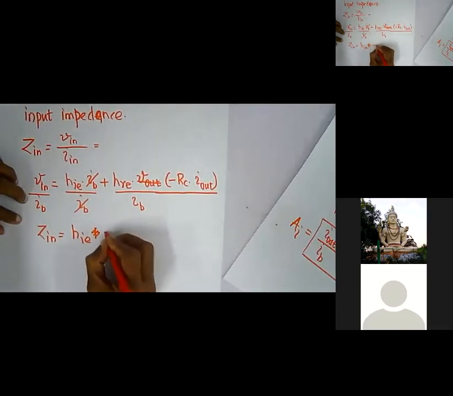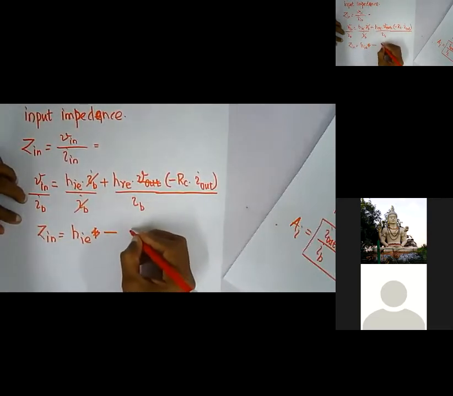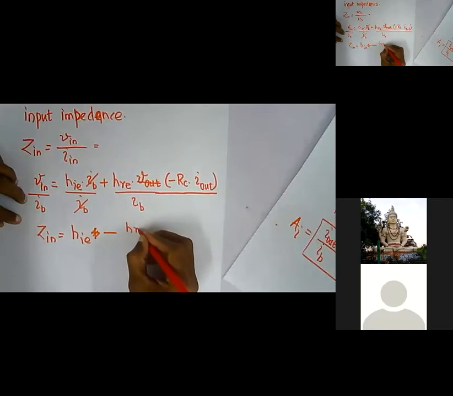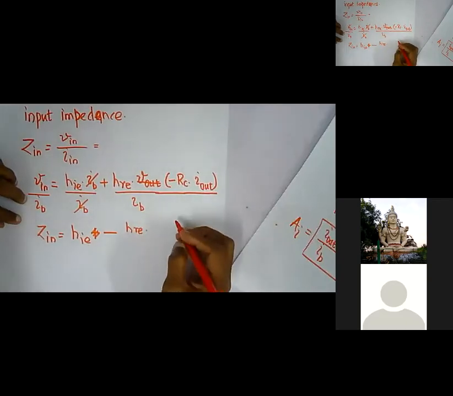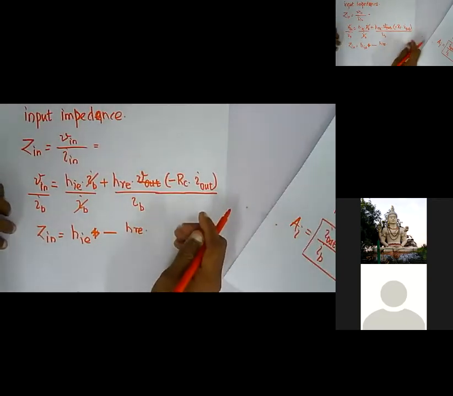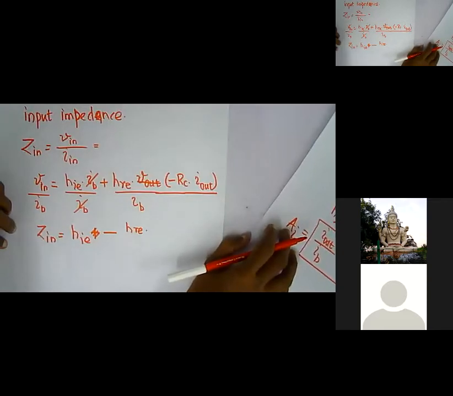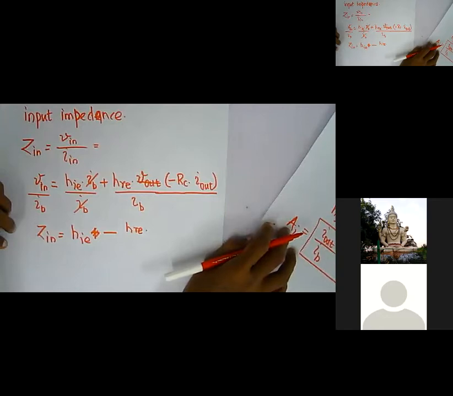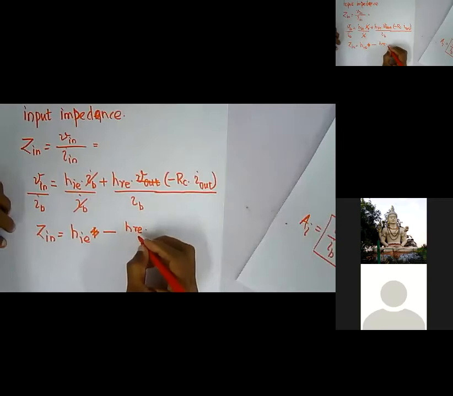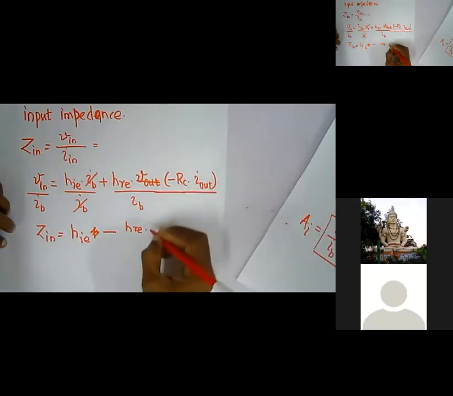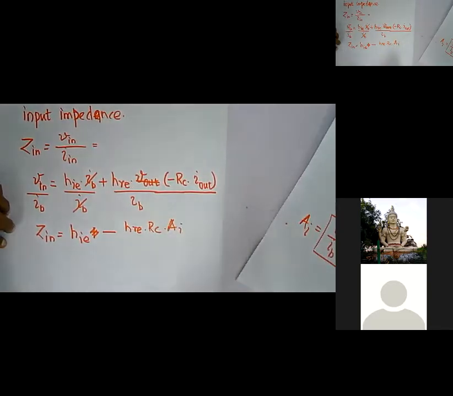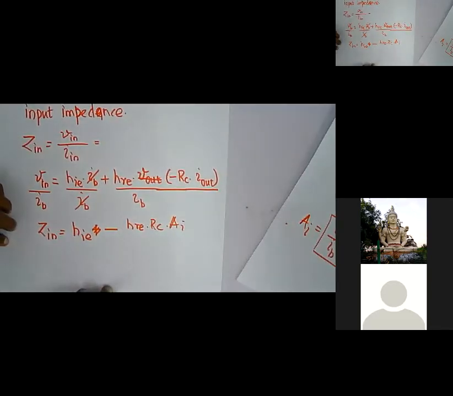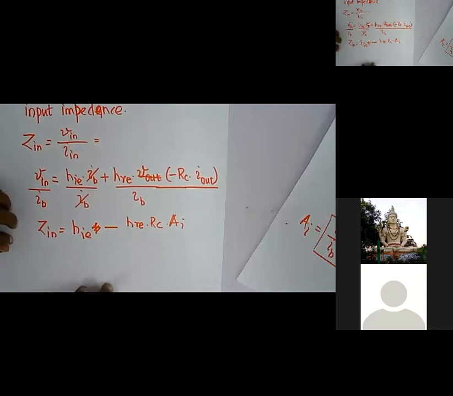It's not plus, there will be a minus: HRE into RC into V out. Yes, sorry, HRE into RC into AI. Am I right?